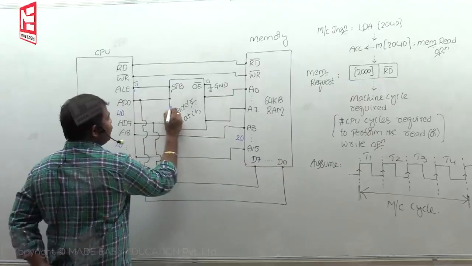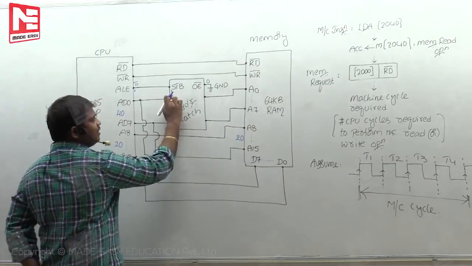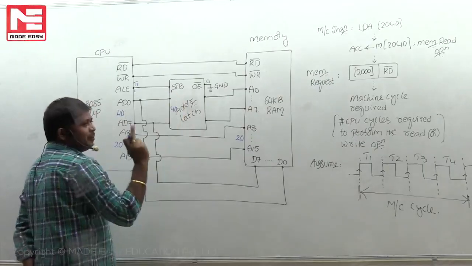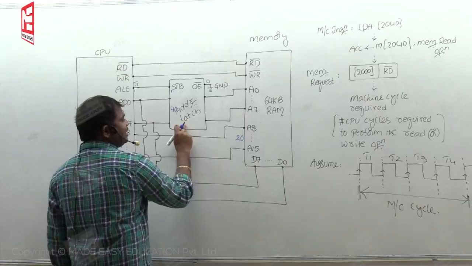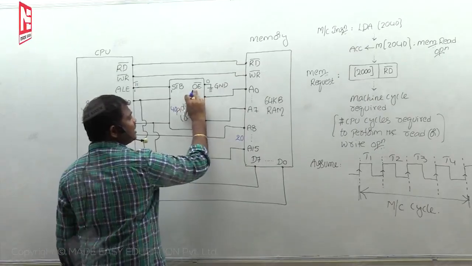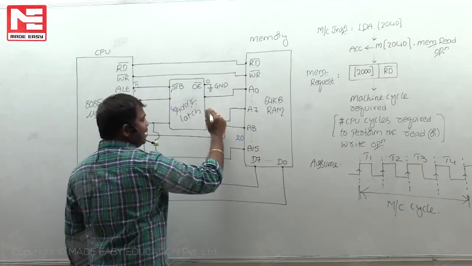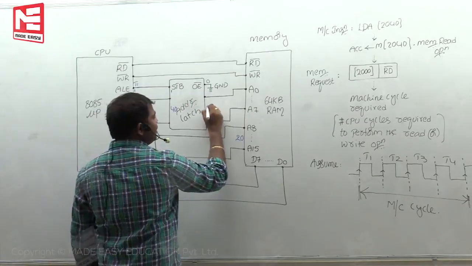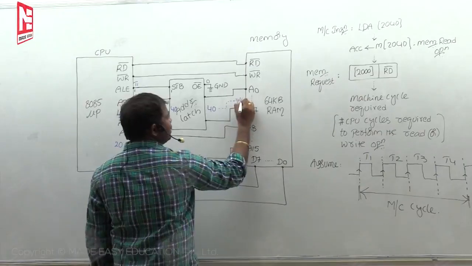But this 40 will be passing into the address latch because the input lines are activated due to the STB status being 1. Now once 40 enters the latch, the OE status is 0, which means output lines are enabled. So 40 will be coming onto the output lines, which pass to memory.